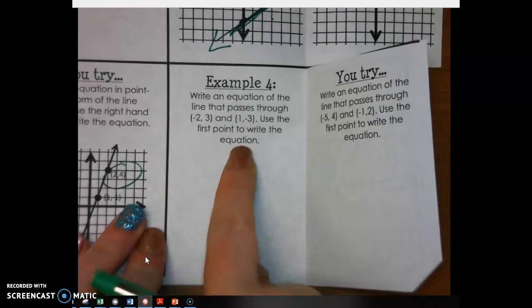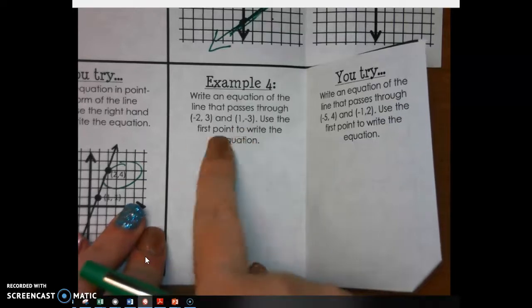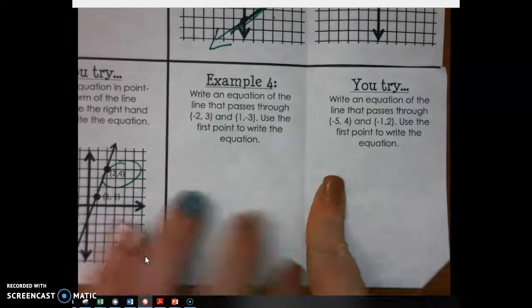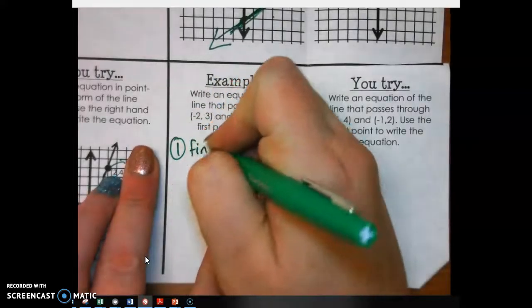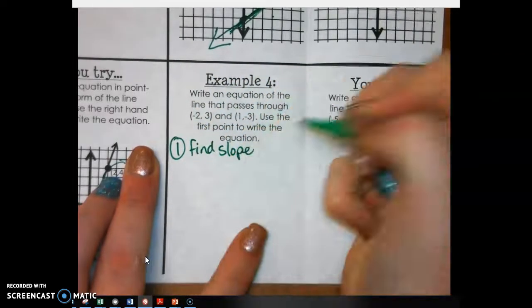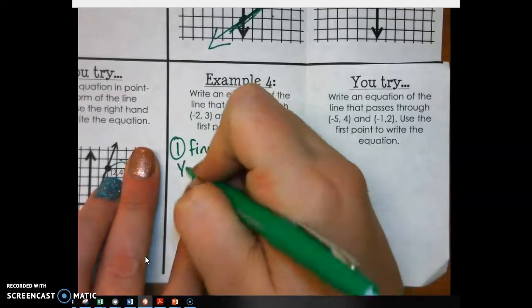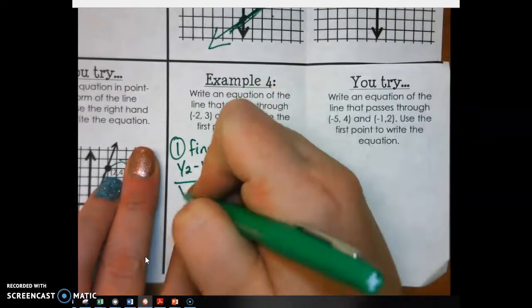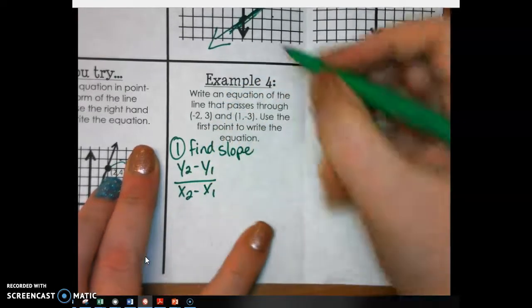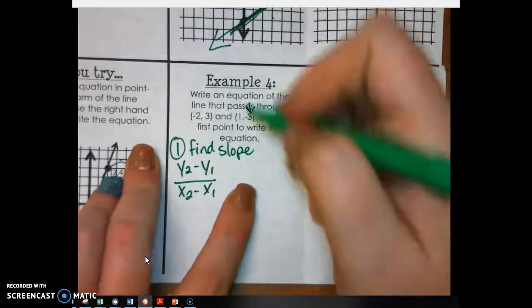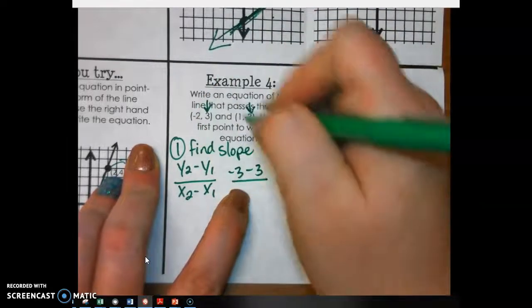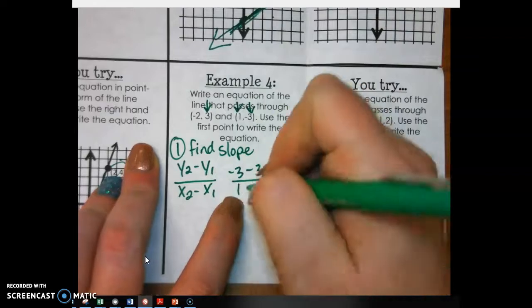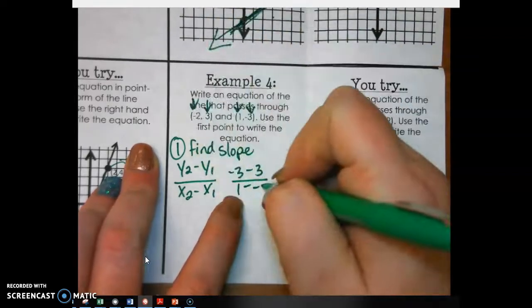Now example 4. Write an equation of the line that passes through here and here. Okay. Oof. Well, we've got to find slope first. Everything has to do with finding slope. Remember? y2 minus y1 over x2 minus x1. All right, y2, negative 3, minus 3, over x2 minus x1.